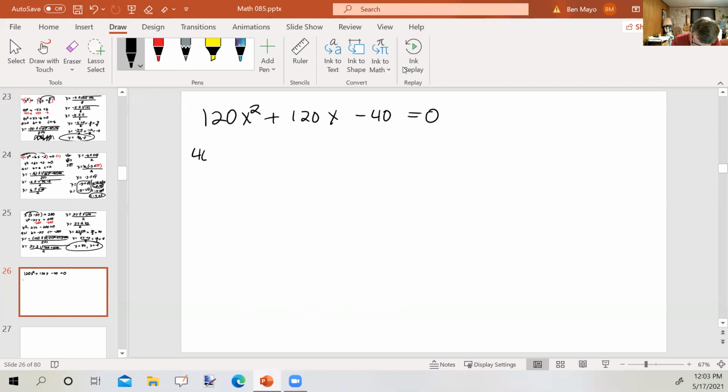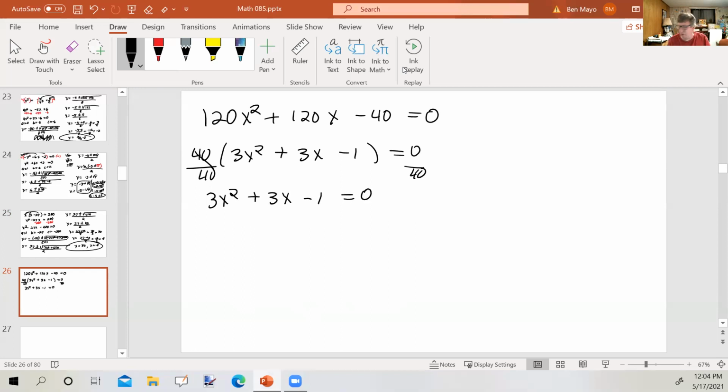So 40 times what? 3x squared plus 3x minus 1 equals 0. Divide both sides by 40. 3x squared plus 3x minus 1 equals 0. So a is 3, b is 3, c is -1.